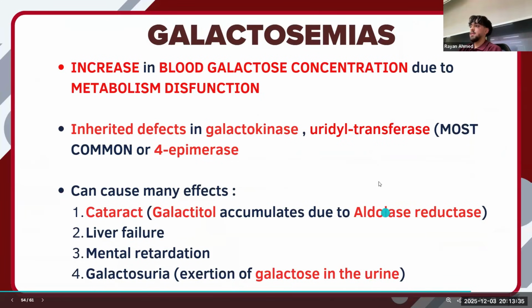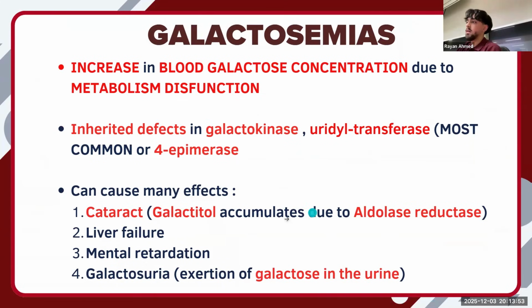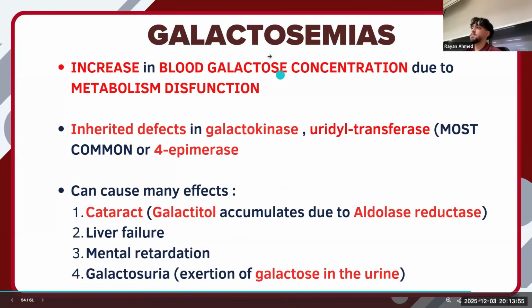I need you to remember number 1 and number 4: cataract, galactitol accumulates due to aldose reductase, and galactosuria, excretion of galactose in the urine. These are the most common effects. Please keep this in mind for galactosemias.